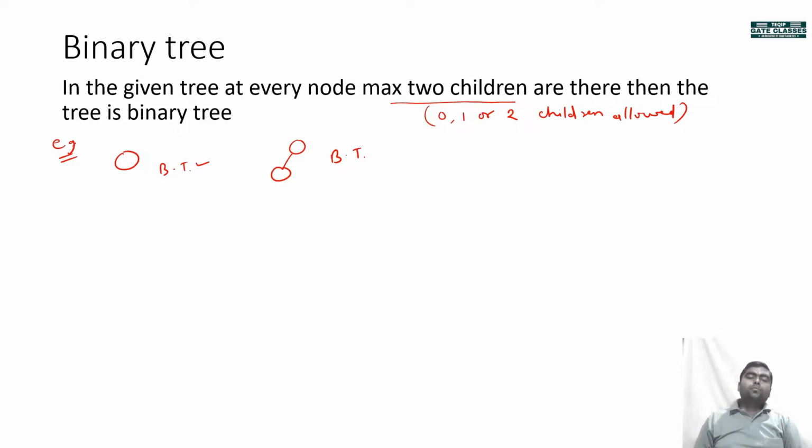That's why a maximum of two children are allowed. So this is a binary tree. Now take another example, like this one and this one. This is also a binary tree. Why? Because at every node there are a maximum of two children, that is, either zero children, one child, or two children.